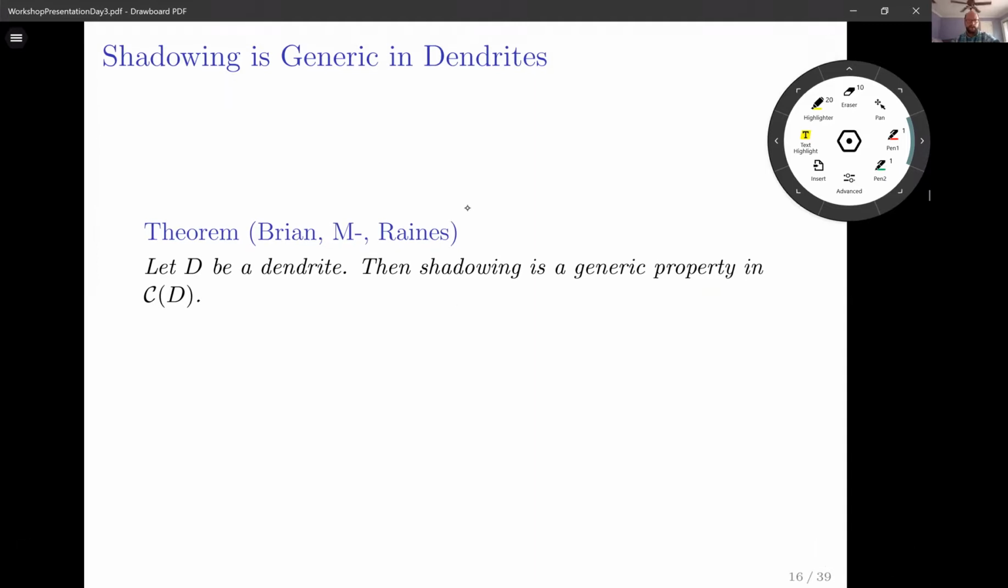All right, so those are some examples of dendrites. And so, at least for the first part here, I'd like to work through a sketch of a proof that shadowing is a generic property in the class of dendrites. So this is a paper that myself and colleagues Will Bryan and Brian Rains worked on a few years back, where we demonstrated that if D is a dendrite, then shadowing is a generic property in the space of continuous self-maps on a dendrite.